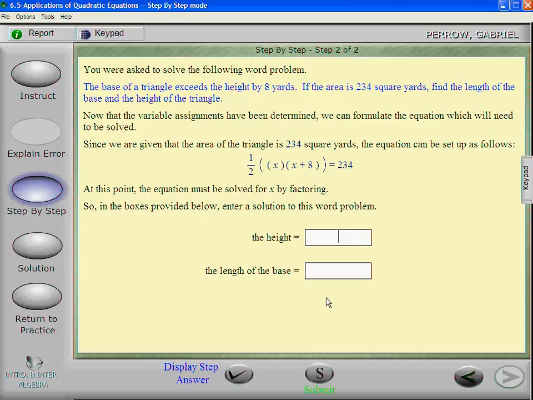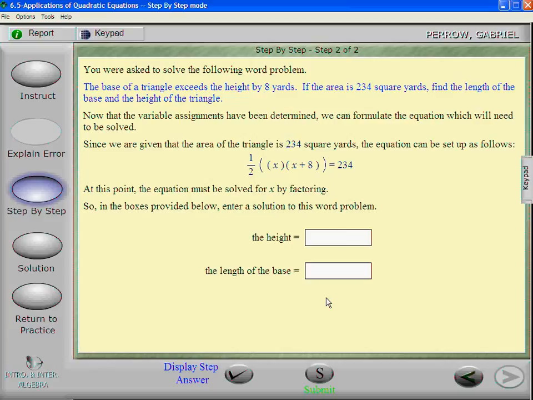If we multiply both sides by 2, we can actually get rid of that 1/2 fraction on the left-hand side. So the left-hand side will read x squared plus 8x. On the right-hand side, we'll have 234 times 2, which ends up being 468.